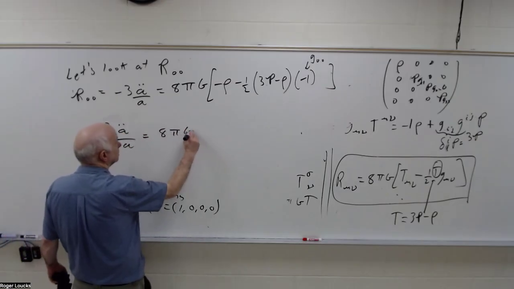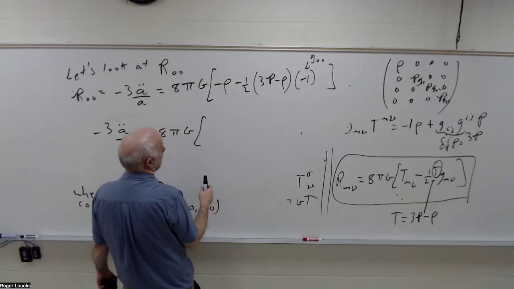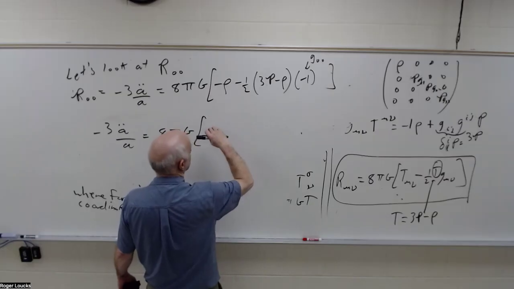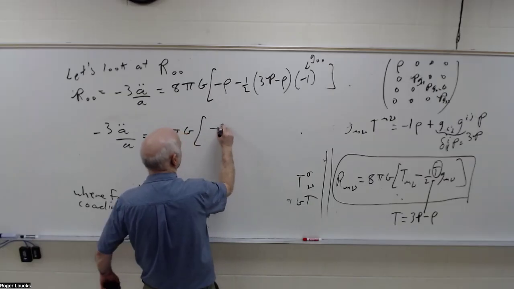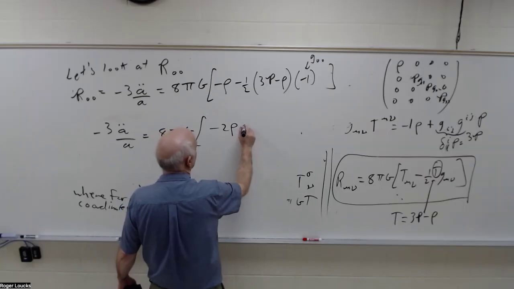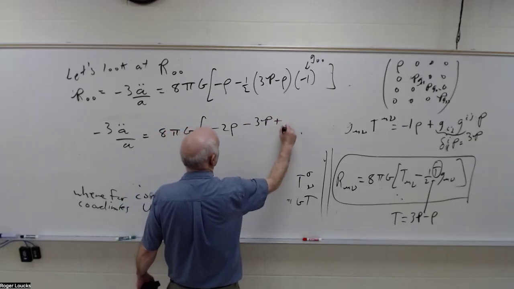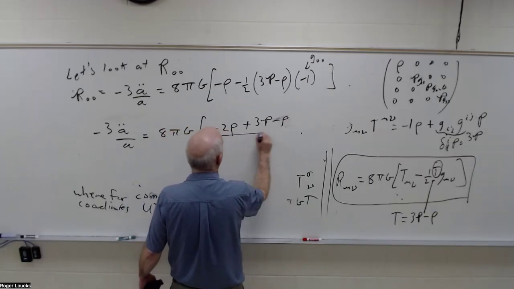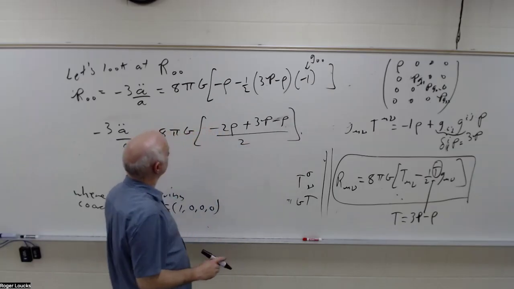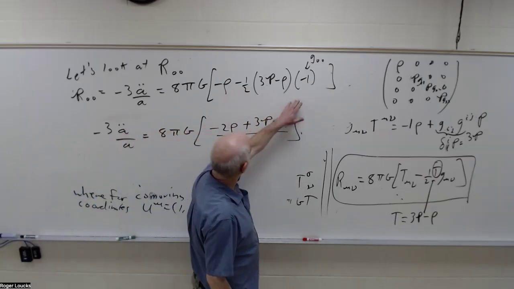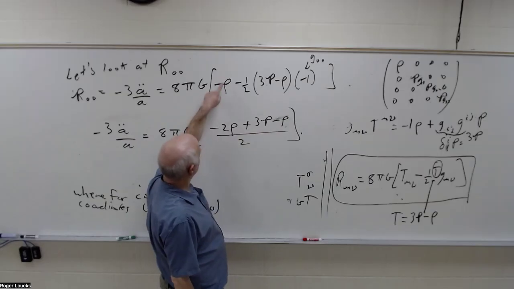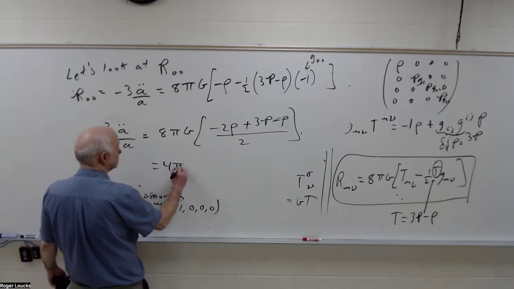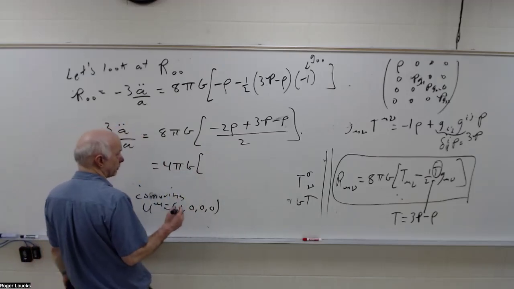This is 8 pi G. Okay, let's see. I'll get a 2 and a 2 here. This is -2 rho, minus 3p plus, actually, this comes in the plus, that comes in the minus. Did I do that math right? The minus and minus make a positive here. I'll put a 2 on top, that is good. The 2 here cancels this here, so this gives me 4 pi G. And what am I left with?